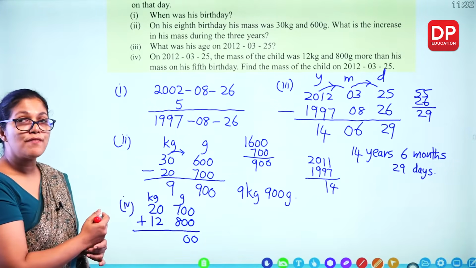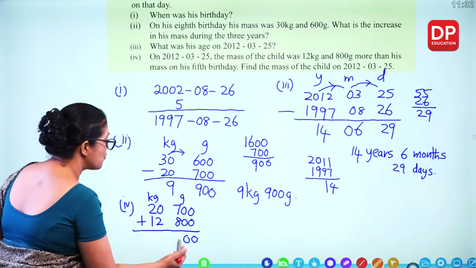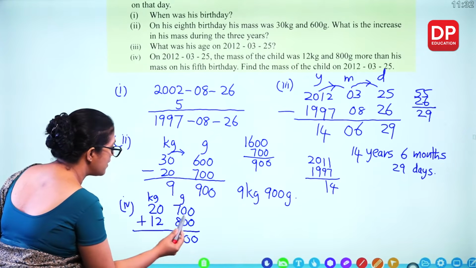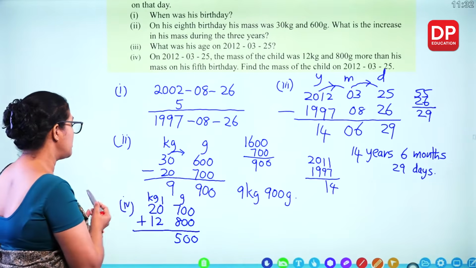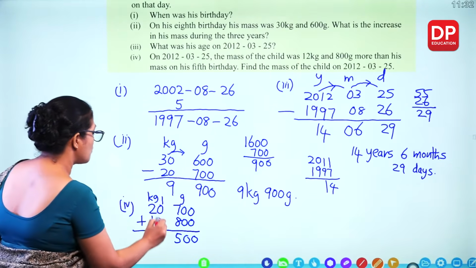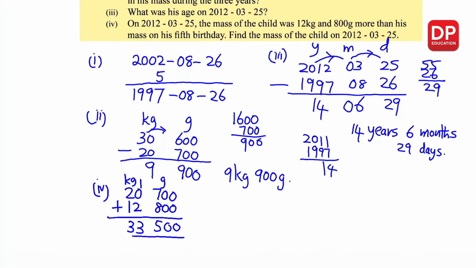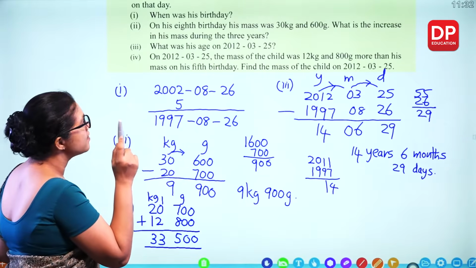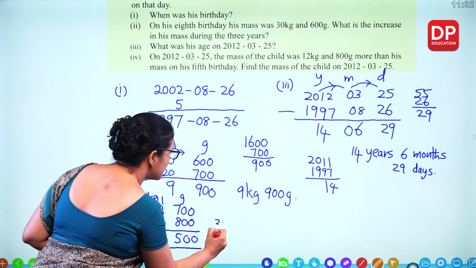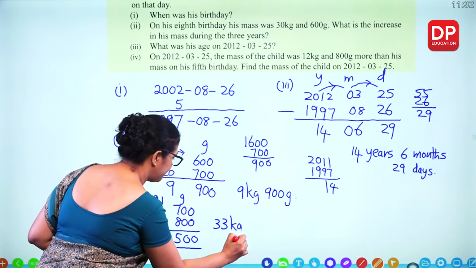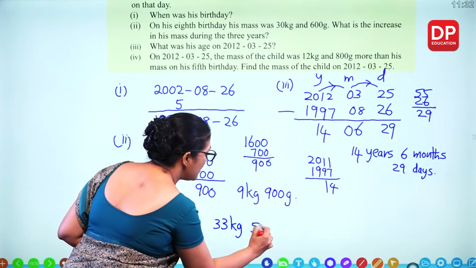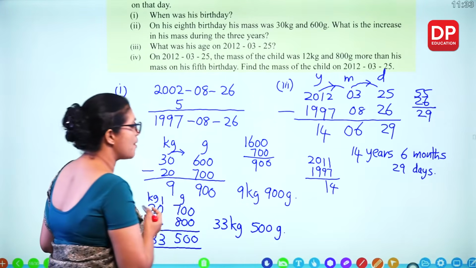Here you get 1500. So subtract 1000, you get 500 here. You are taking 1 to this side. So you get 3 and 3. So 33 kilos and 500 grams is the mass of the child on this date.